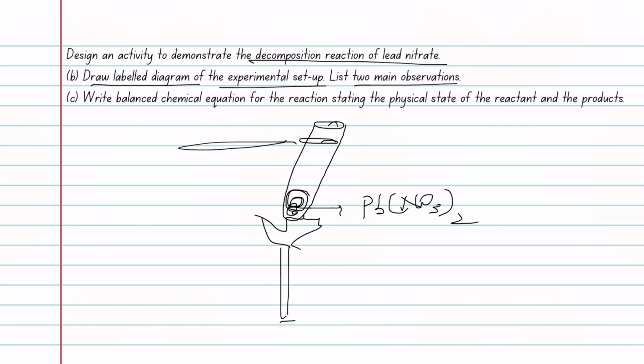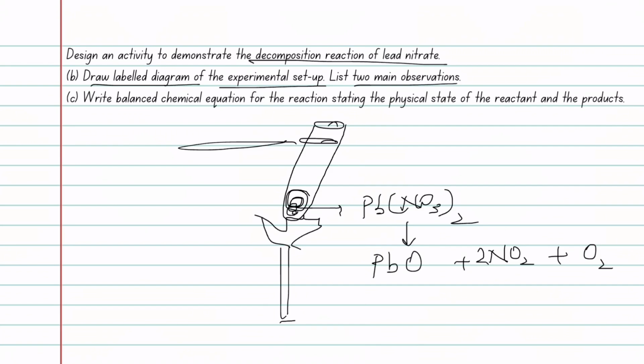Right? Now, what are the products of decomposition of lead nitrate? You get lead oxide, nitrogen dioxide, and oxygen. Okay, let's balance it. Here you have 2 nitrates, so here you will have 2 nitrogen dioxide. Now let's balance the oxygen. We have 6 on the reactant side, 4 and 6 and 7 on the product side.